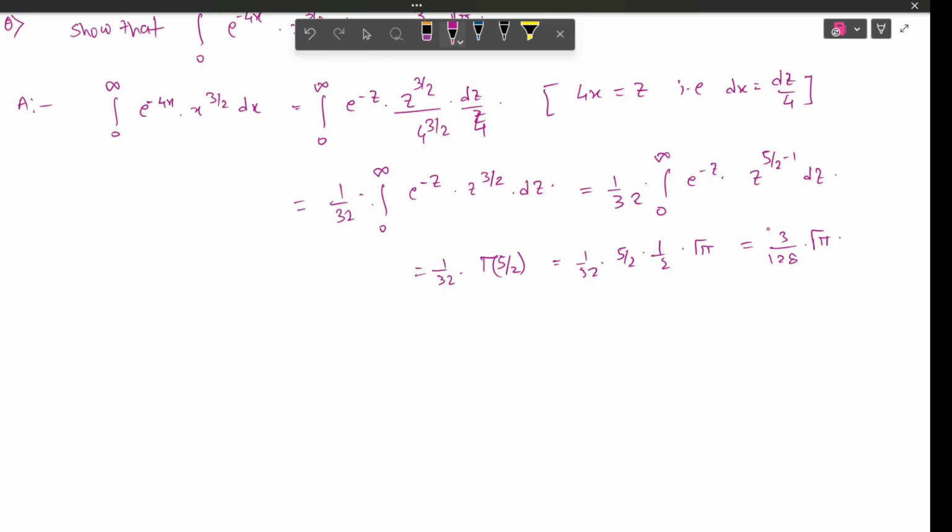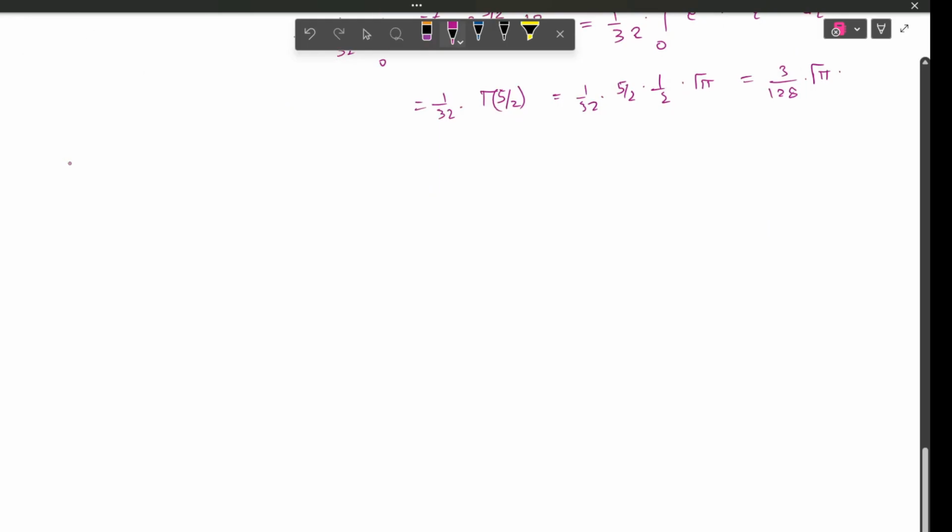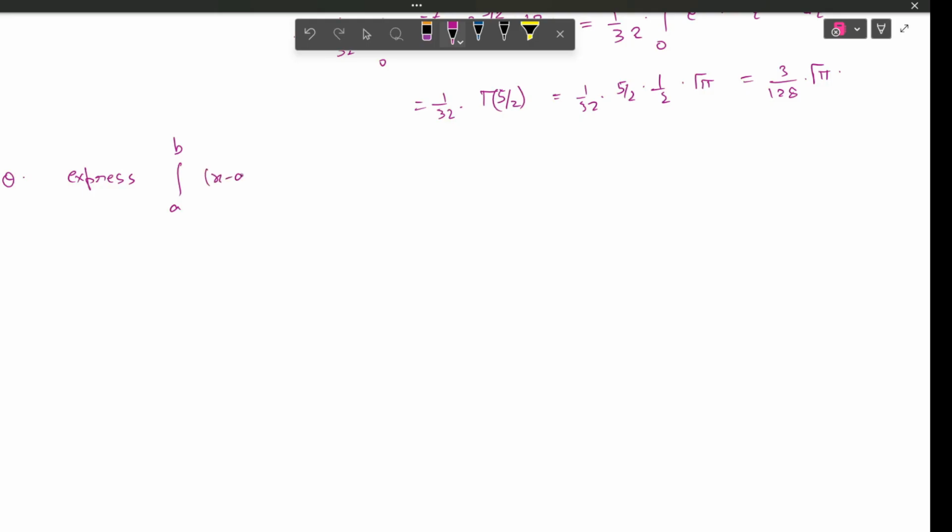Okay. Now let's see our next question. Our next question is, express the integration from a to b of (x minus a) to the power m into (b minus x) to the power n dx in terms of the beta function.